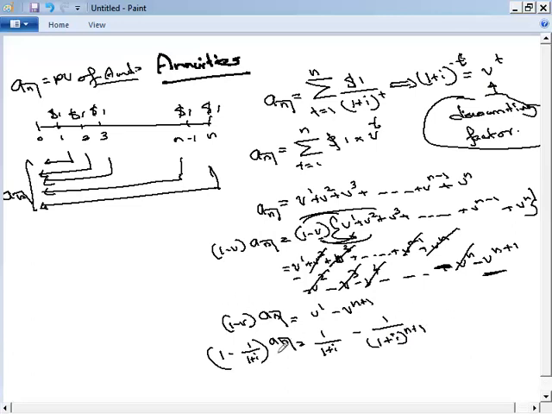So if we further simplify, we are left with 1 over 1 plus i minus 1 over (1 plus i) to the power n plus 1, and divided this whole part by 1 minus 1 over 1 plus i. So we can simplify this.